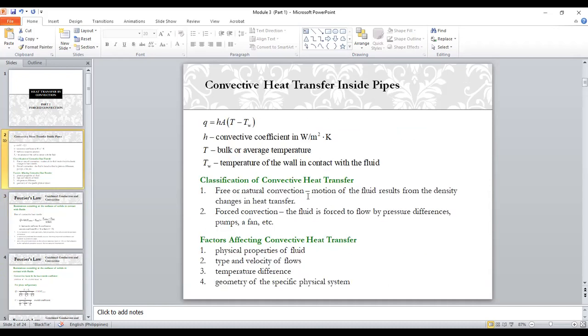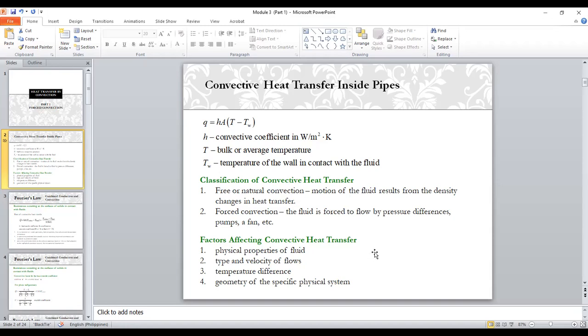Now, classification of convective heat transfer, it's already in here. Free or natural convection: motion of the fluid results from the density changes in heat transfer caused by the temperature difference, as read a while ago. And forced convection: the fluid is forced to flow by pressure difference through the use of pumps or fans, also mentioned already.